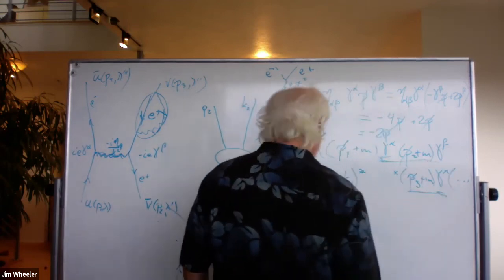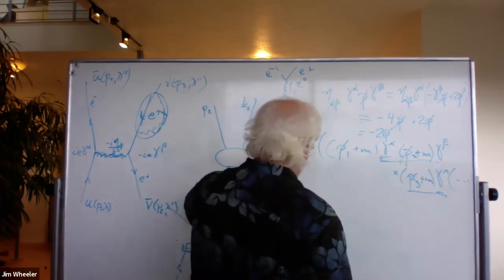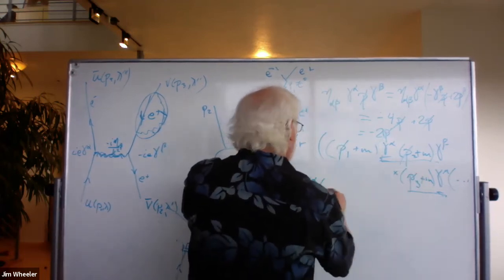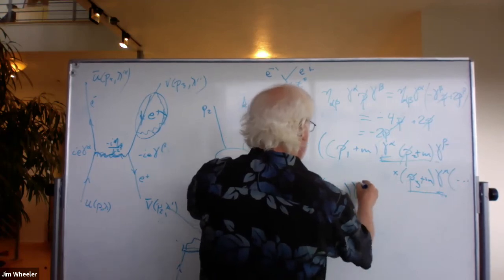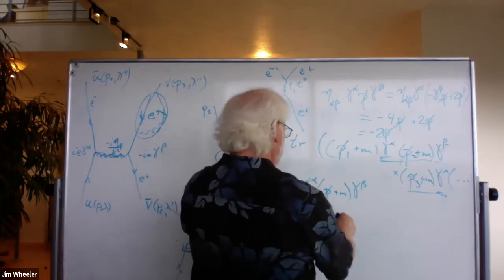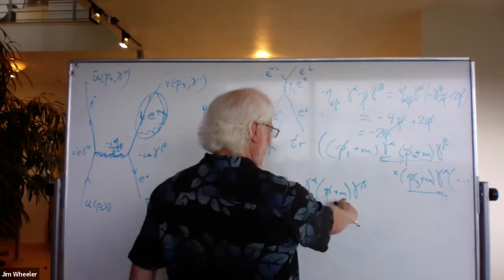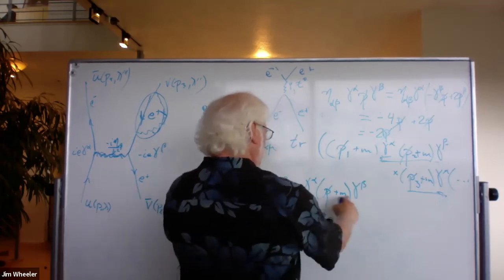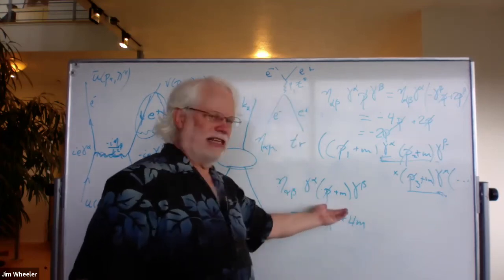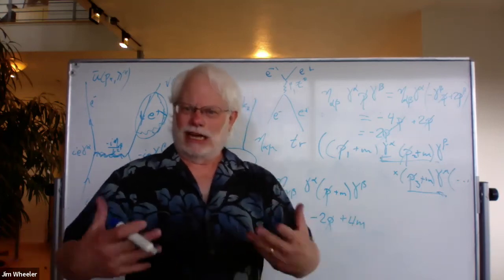If you have something like this, well, it's pretty much a no-brainer that if you've got a P slash plus M between 2 gammas with an eta, this P slash gives minus 2 P slash, but the M is just an M, so you're going to get the 4M. So if you have two gammas surrounding a P slash plus M, it's minus 2 P slash plus 4M. All right, carry it a step further.